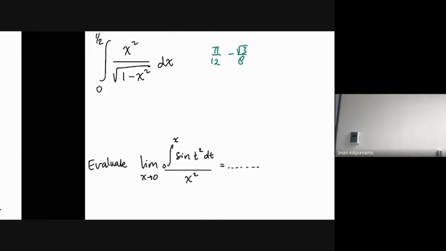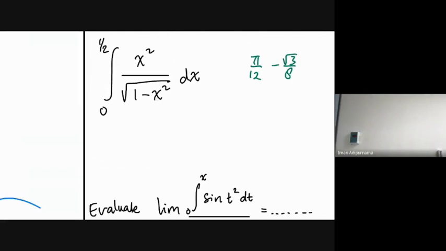And remember that whenever you have 1 plus x squared or 1 minus x squared, at least you have these two possibilities. You can think from the trigonometric approach.